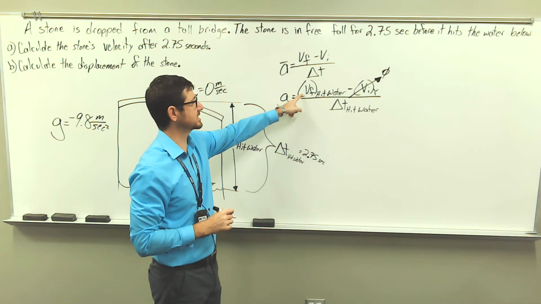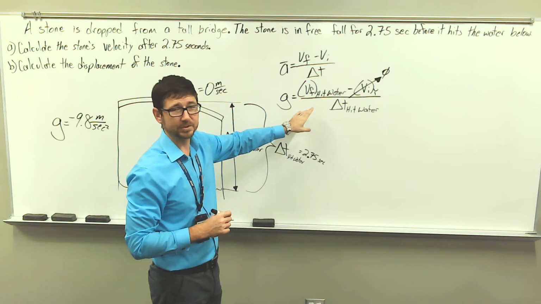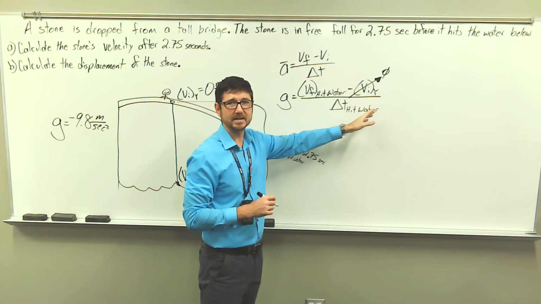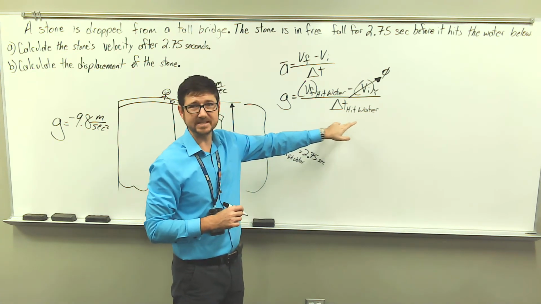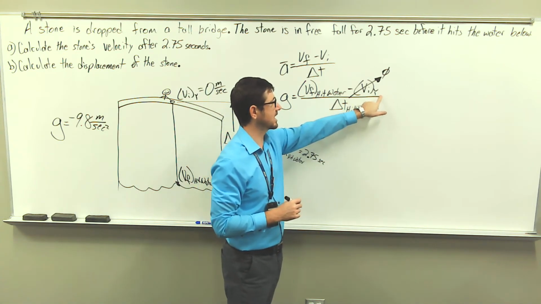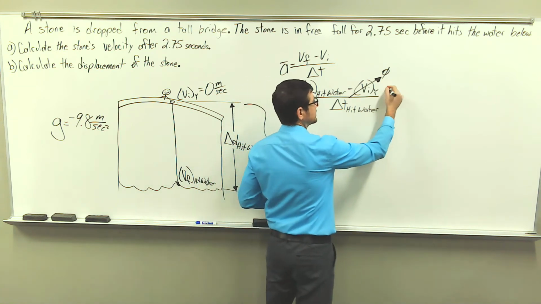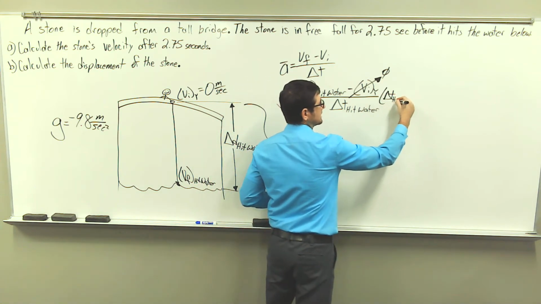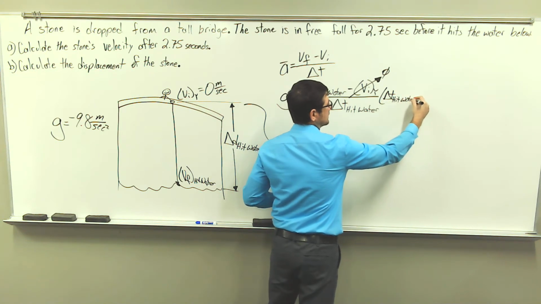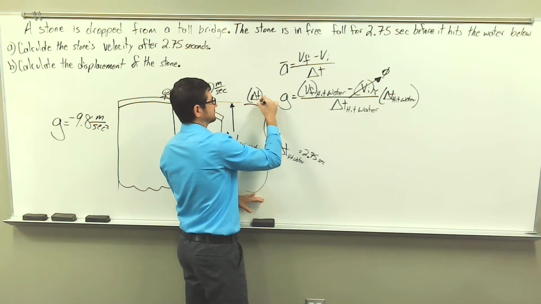Now what we want to do is isolate final velocity to hit the water. How I'm going to do that is multiply both sides of the equal sign by delta t sub hit water. And what's going to happen on the right hand side of the equal sign, our time interval to hit the water will cancel. So let me show you here. Delta t hit water. Okay? What you do to one side, you have to do to the other side.